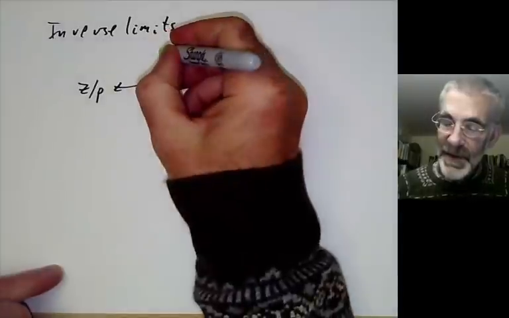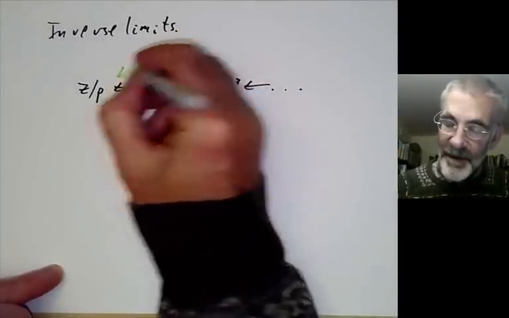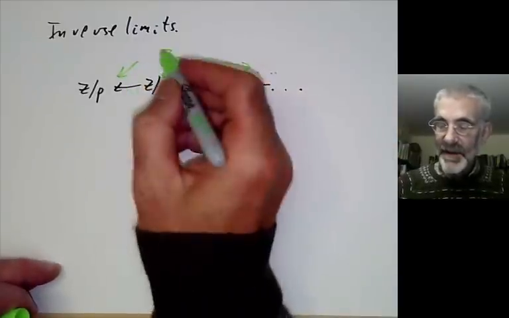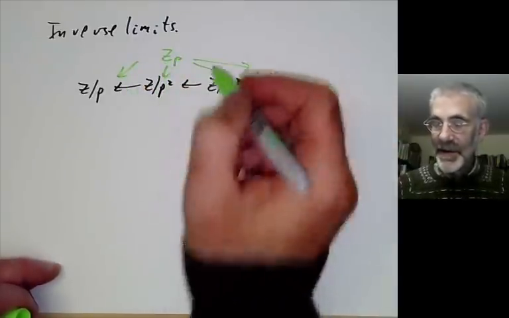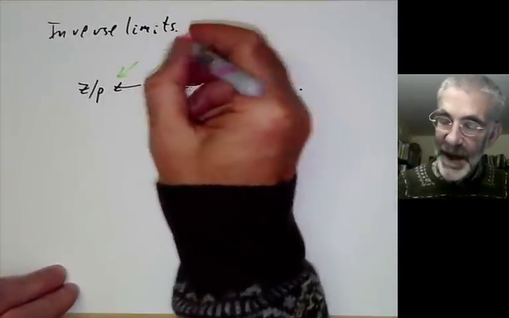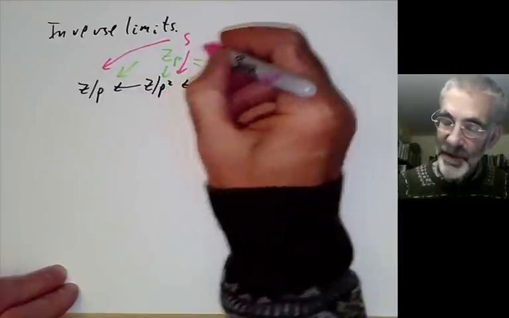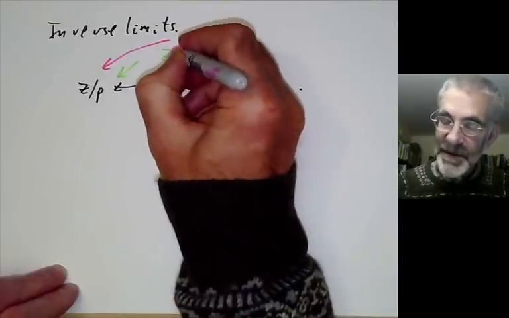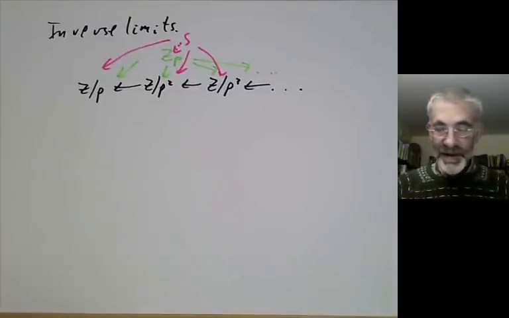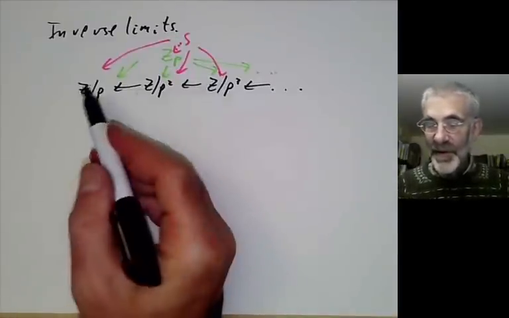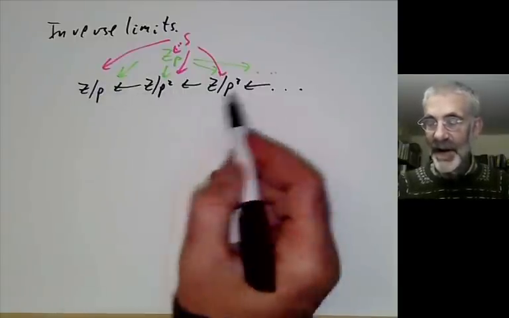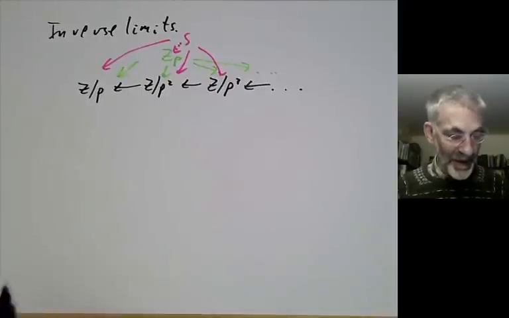So the p-adic numbers Z_p have maps to all these spaces, and all these little triangles commute, and it's universal with this property. So if you've got any group S mapping to all of these objects, then it factors through the p-adic integers. And inverse limits in general are defined in a similar way, except instead of taking Z modulo p to the n here, you would take some other object in some other category.